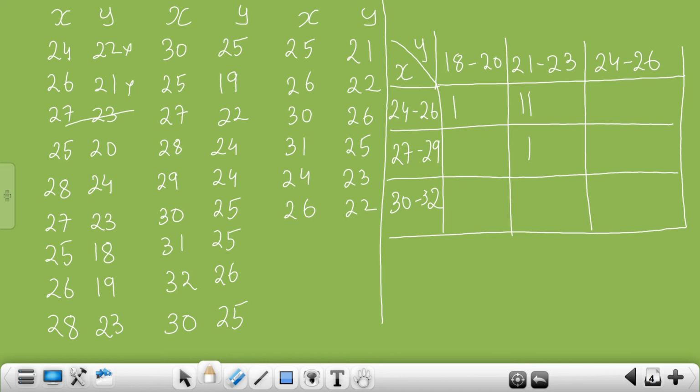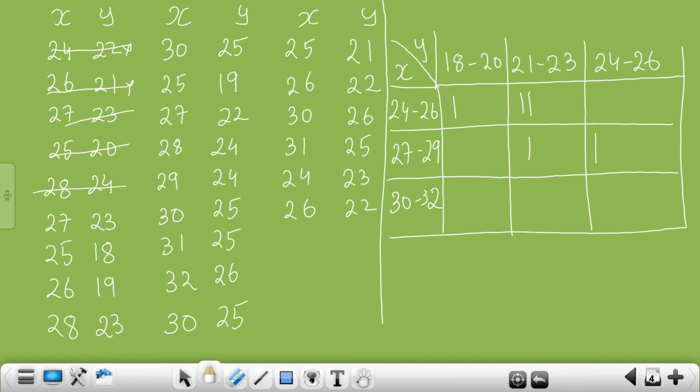Since it's an inclusive class interval, we consider both the class limits, upper limit as well as the lower limit. So accordingly we will go ahead with marking them. Let's do that quickly. Right, so 25 and 20 is done.